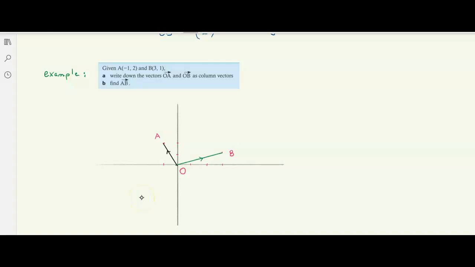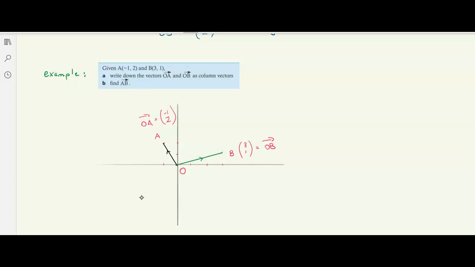So vector OB is going to look like this, right? That's OB there. And OA will be represented by the vector negative 1, 2. Okay, so there's OA and OB represented.